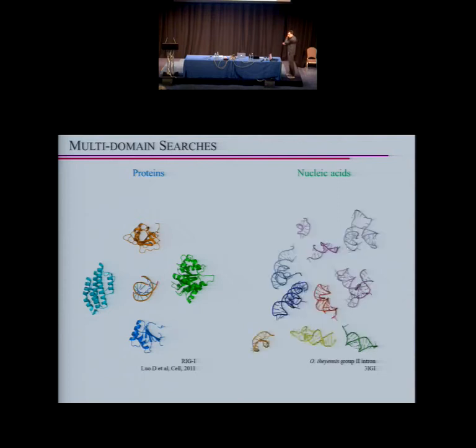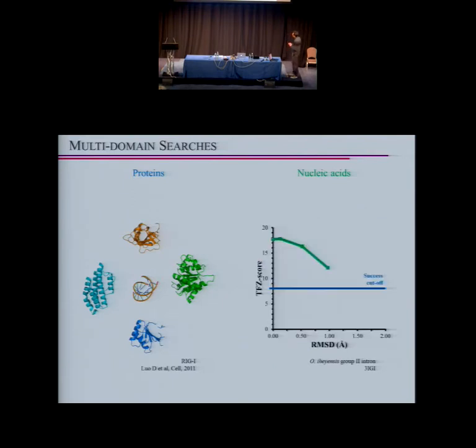Therefore, I broke the structure of group 2 intron apart, and I tried to use these 10 fragments as search models for performing molecular replacement searches on my data. And indeed, to a certain extent of structural flexibility, I could obtain a positive solution and an interpretable electron density map for group 2 intron.